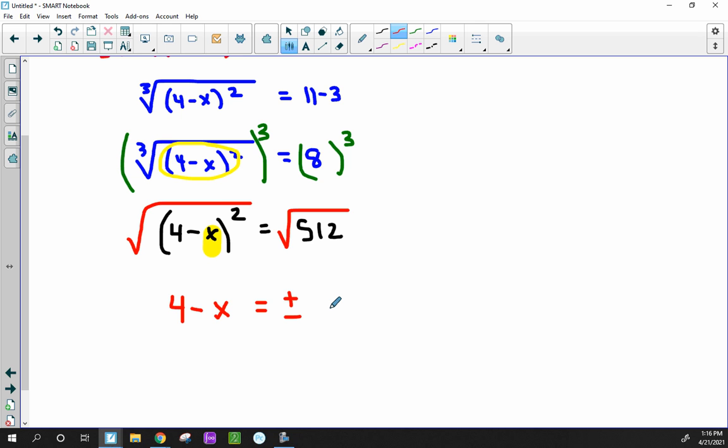512 divided by 64 does work, but it's an 8, so let me keep going. 512 divided by 81 does not. 512 divided by 100 does not.